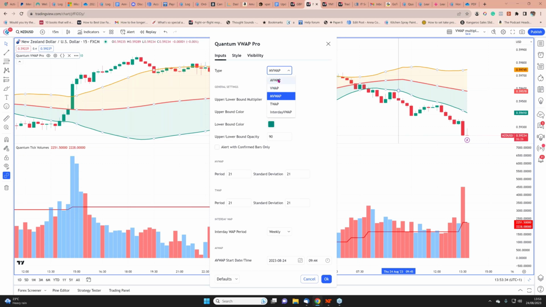We then have the AVWAP, which is an average volume weighted average price. So that works as an average of the volume itself and works across the timescales. We then have a moving volume weighted average price, which works through all the various sessions, so you don't need to reset it. Then we have a time-weighted. Now, this is the only one that doesn't use volume.